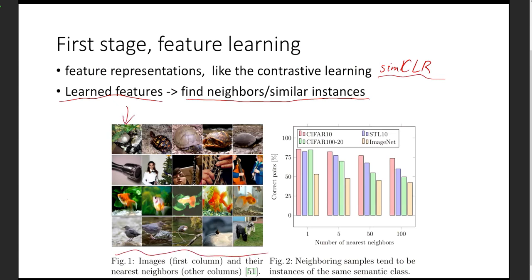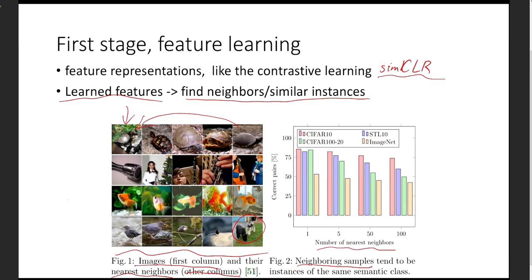The left column is the images, and the other columns are the neighbor samples, the nearest neighbors. We can see in most cases they are the same category, but some cases make mistakes.